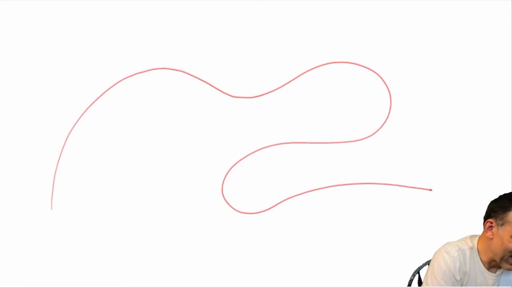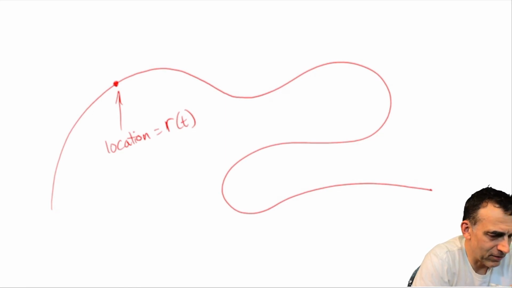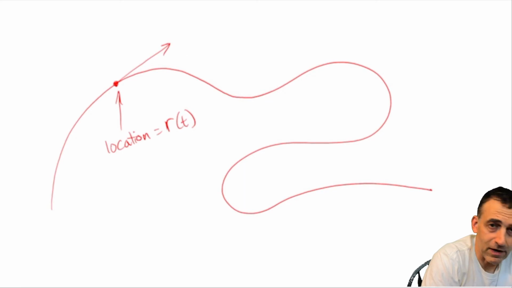So let's just pick a point here. The position, the location, equals r of t, whatever point you're at in time. And then the velocity is the direction you're moving.